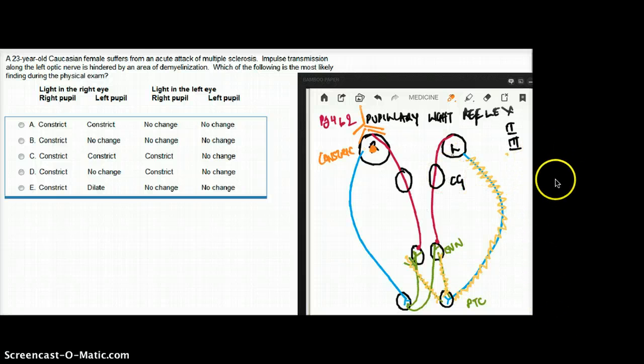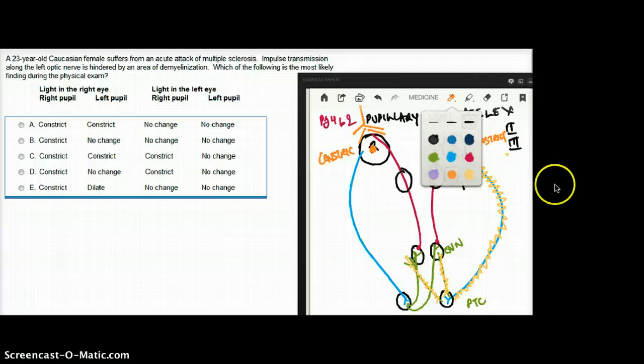No problem. So what's going to happen to the left side? The left eye is also going to constrict even though the light is on the right side. This happens when there is light in the right eye.